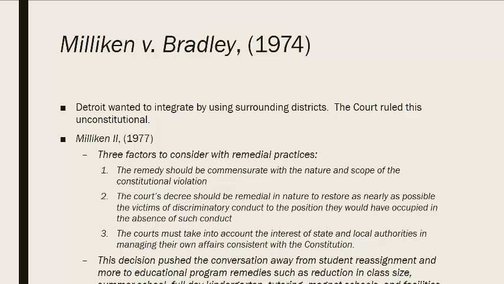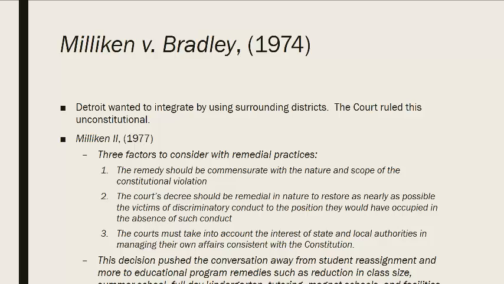So keep in mind, what that first part said in Milliken 1 is that using the surrounding districts in any form, whether it's through busing or sharing of resources or whatever, is unconstitutional. Can't do that. You can't have other districts help you. You can't force them to help you.